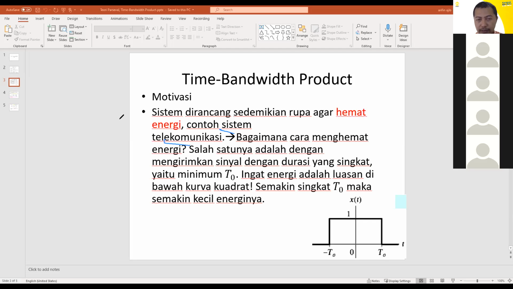Let's say, for example, like televisions. When we use only a small antenna, maybe moreover placed indoors, it's harder to receive the signal. Sometimes to improve the received signal, we put the antenna outside.